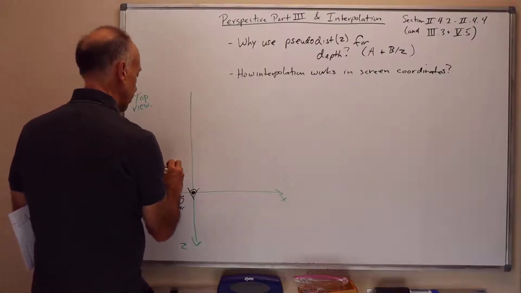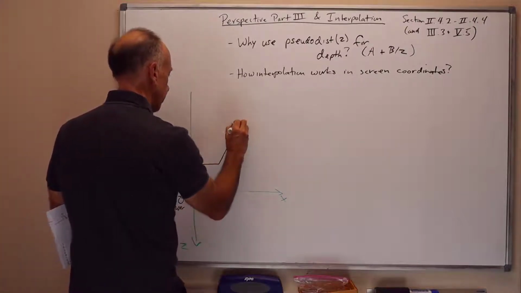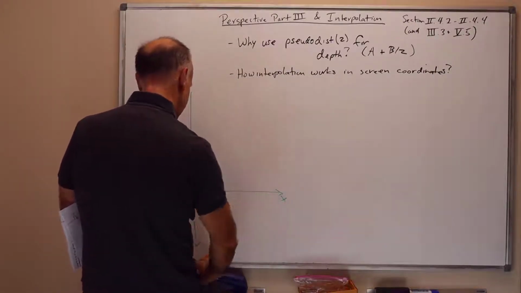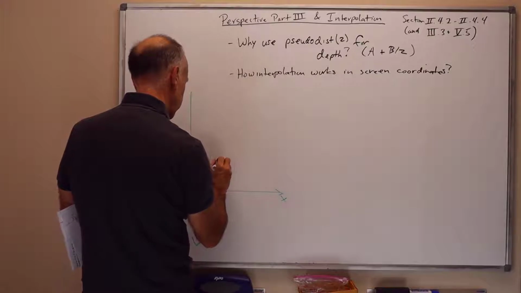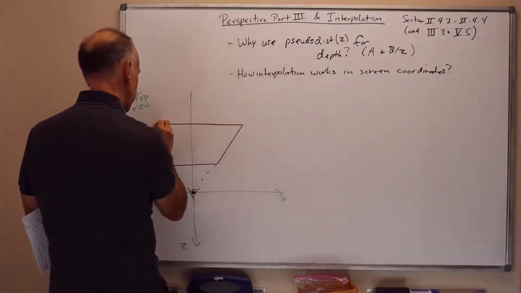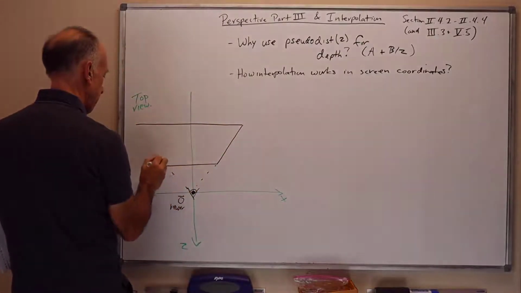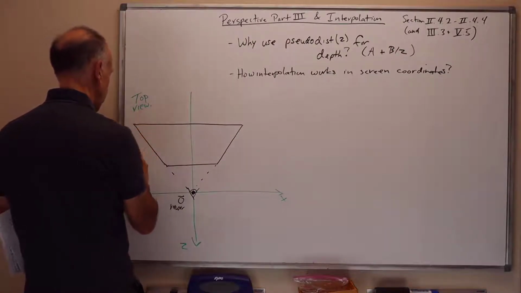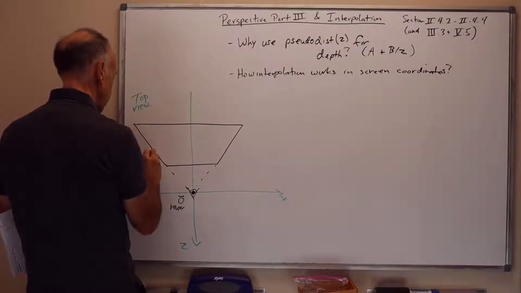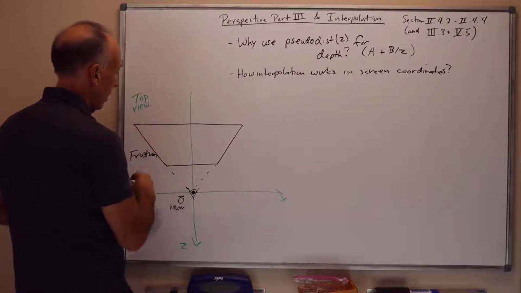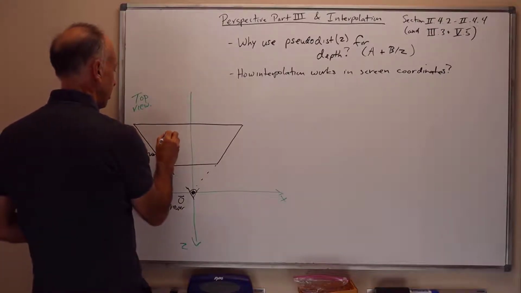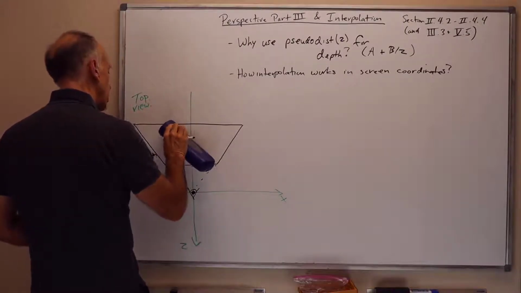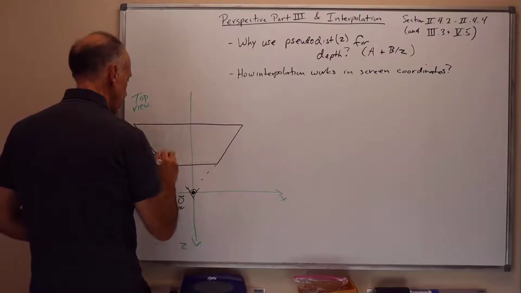And there's a view frustum, which should really be pointing right at the eye here. So this is the frustum that the viewer sees. And inside here, maybe there are two points, U1 and U2.